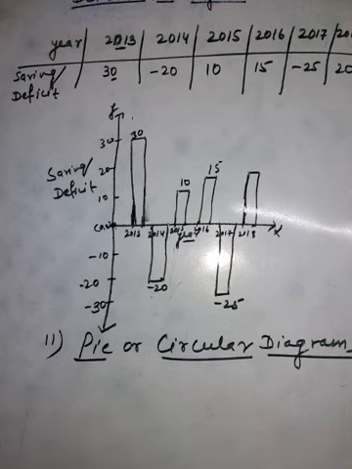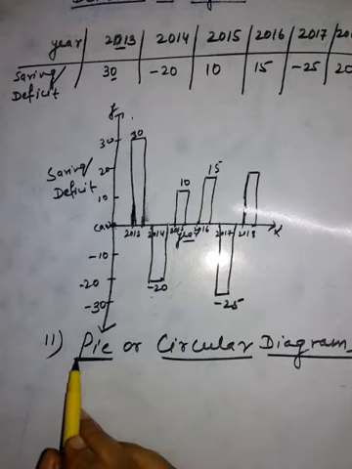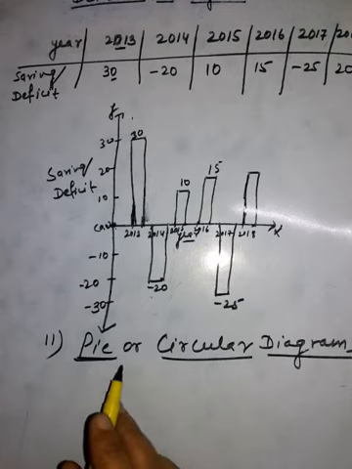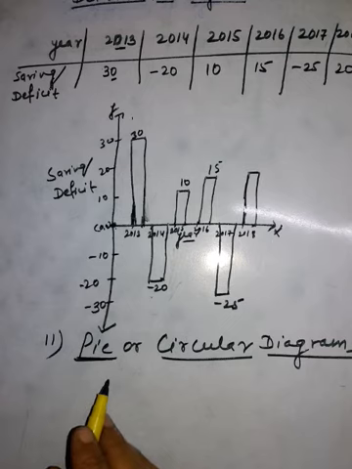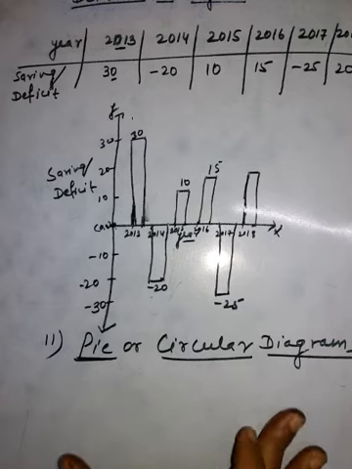This pie diagram does not show absolute value. Pie diagram always will be shown in terms of degree.